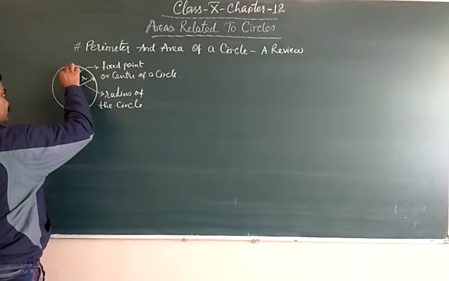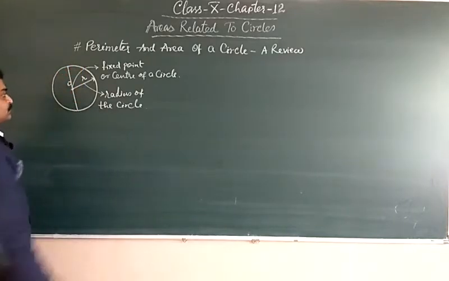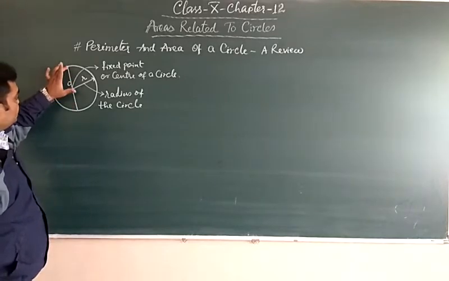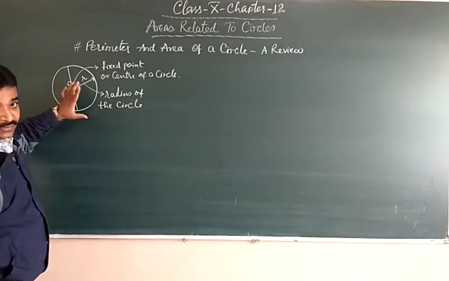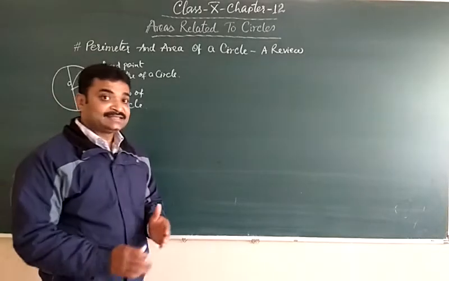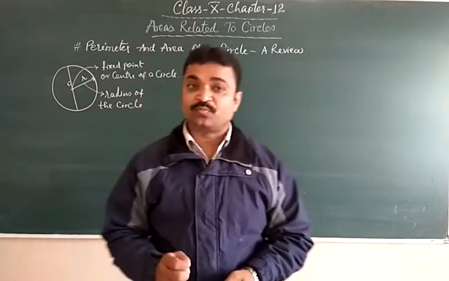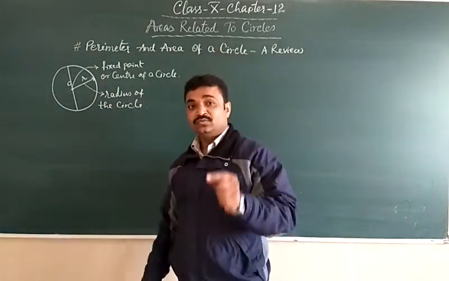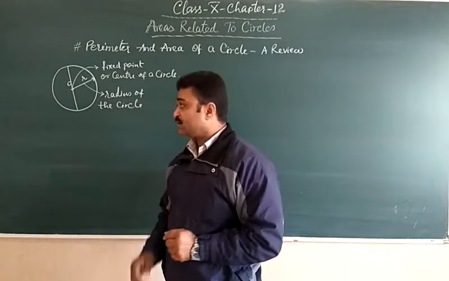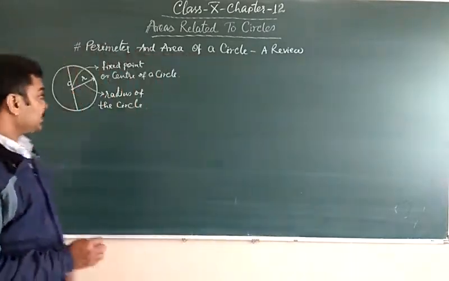Now, the line segment which joins 2 points on the circle and passes through the center is called its diameter.